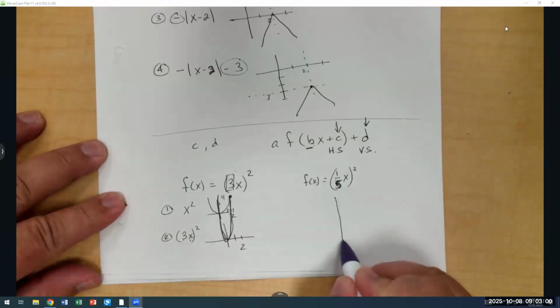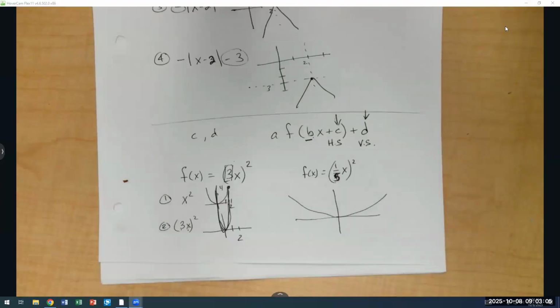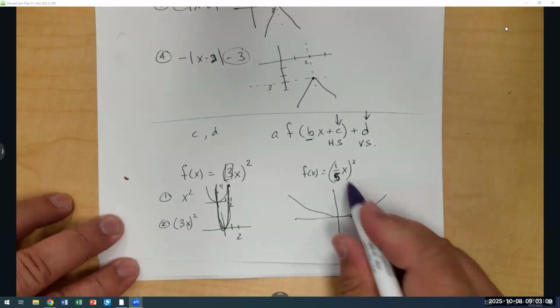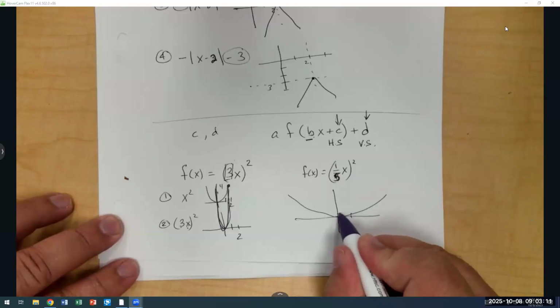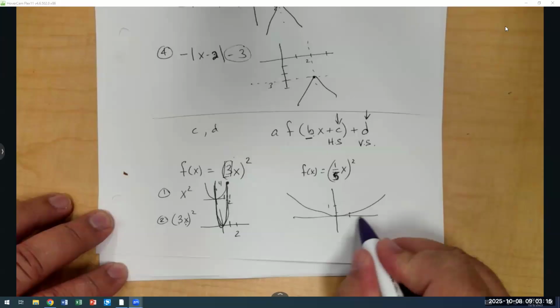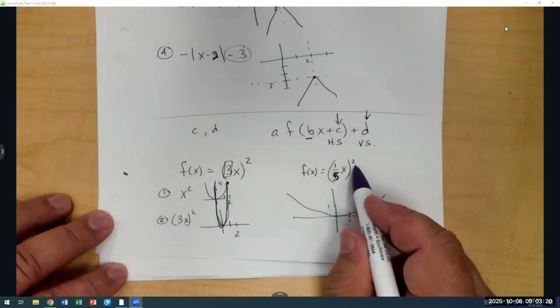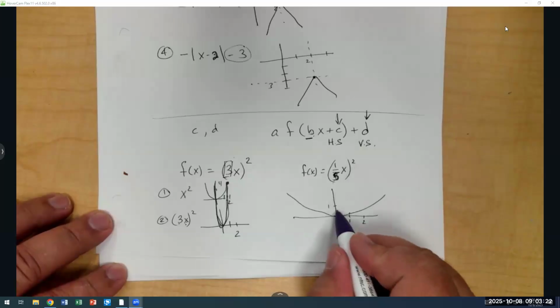The graph would be much wider. Because when x is 1, y is 1/5 squared. It's less than 1. When x is 2, 2/5 squared is 4/25.